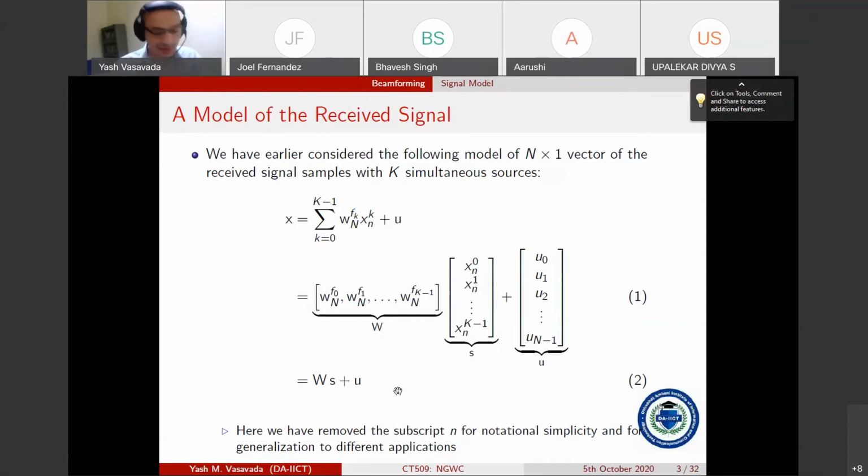Now I will ask this question to someone who has not spoken. Kishan has not spoken. So Kishan, let me take an example that there are two users and they both are transmitting 8 PSK symbols. How many possibilities can there be for this vector S?